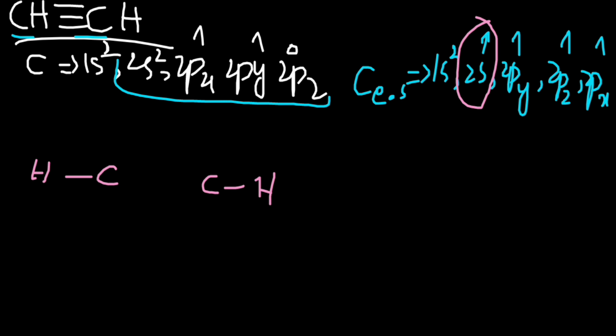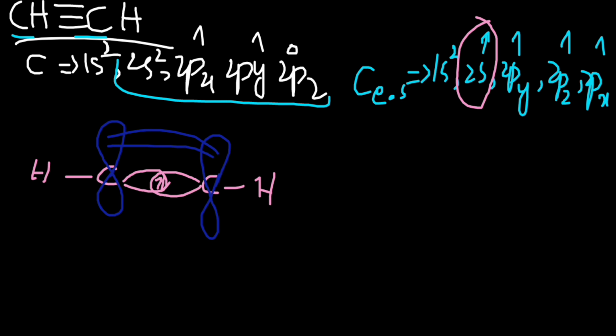One of the p orbitals will overlap and result in a sigma bond between the two carbon atoms. Remaining two orbitals are perpendicular to that orbital. So these orbitals sideways overlap and result in pi bond.